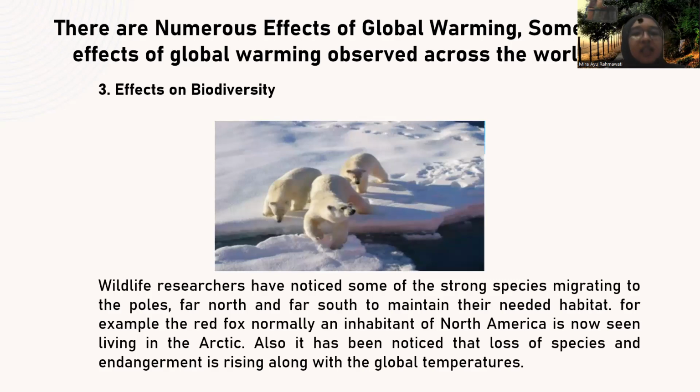For example, the red fox, normally an inhabitant of North America, is now seen living in the Arctic. Also, it has been noticed that loss of species and endangerment is rising along with the global temperature.